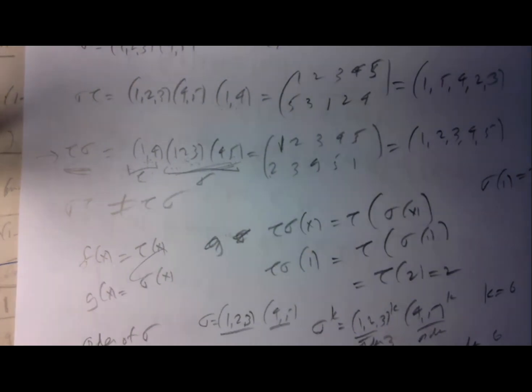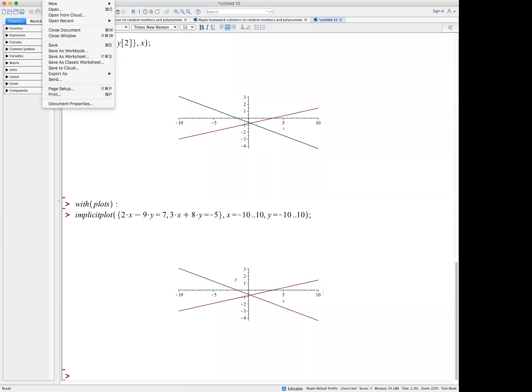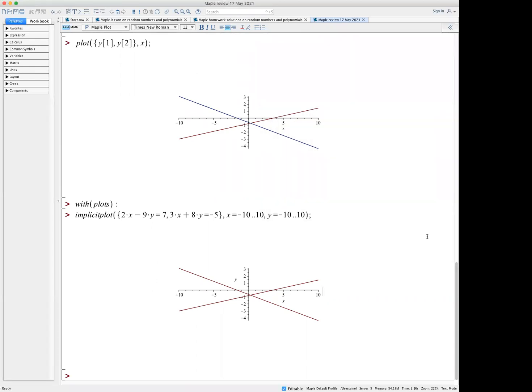So let me go back to this. Let's see. Just to give it a name. So we want to solve a certain equation.